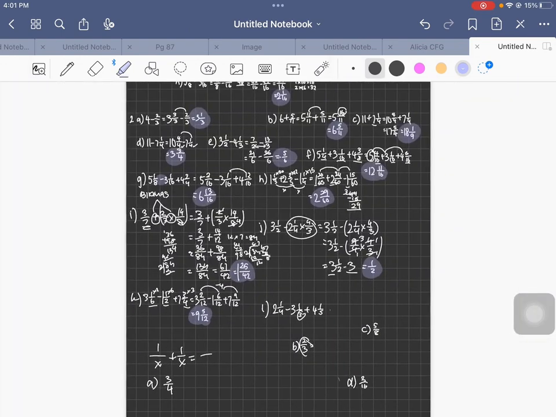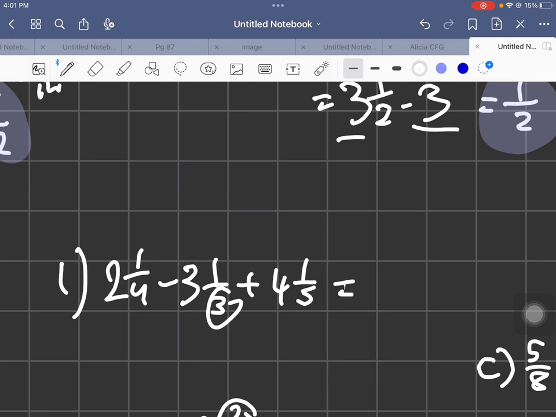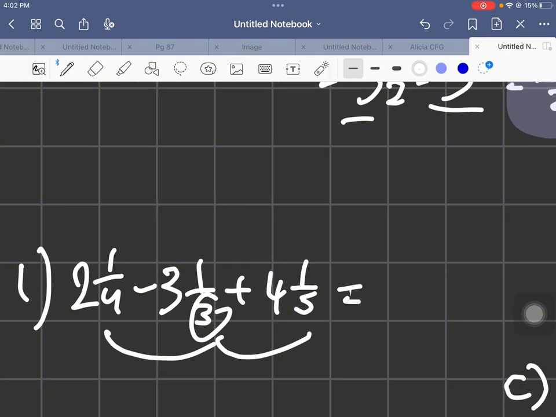Proceed to the last question, L. We have 3 different denominators right here also. We are going to make them 60. We're going to times 5, times 20, and times 12.